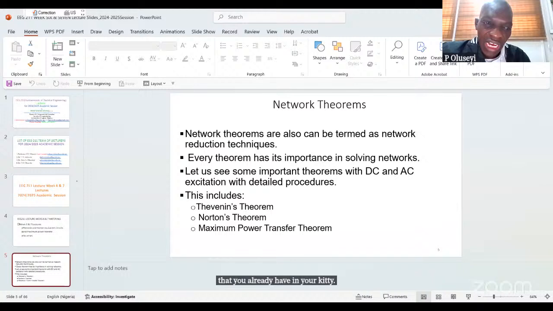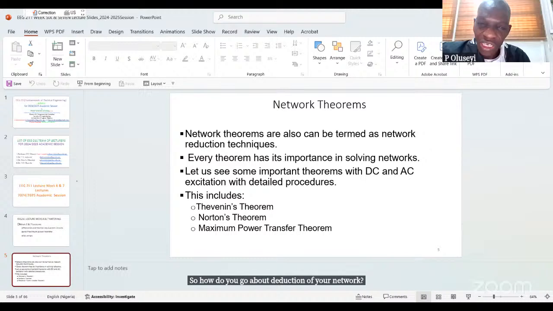So when we are talking of network analysis, we are looking at how can we reduce our network. You may have a very large network and you want to reduce it. So how do you go about reduction of your network?